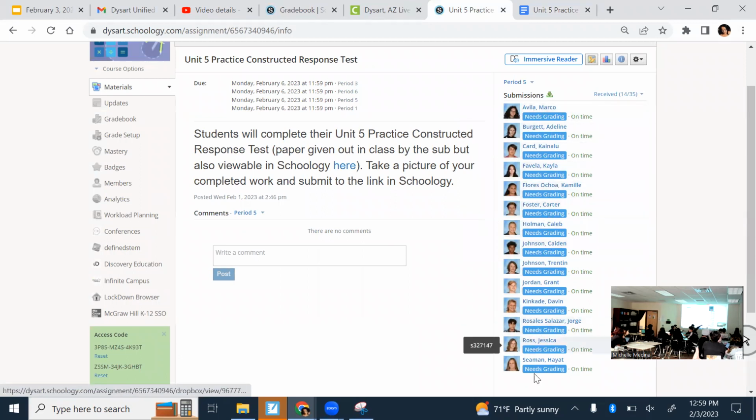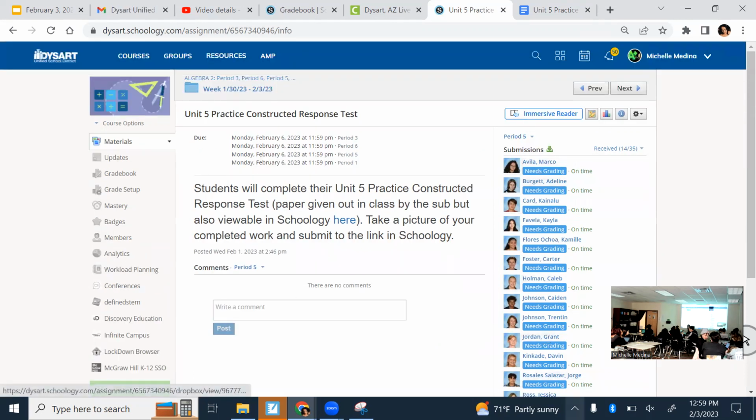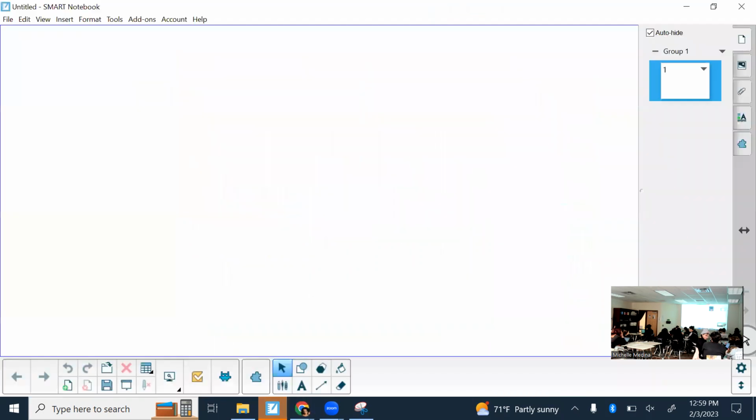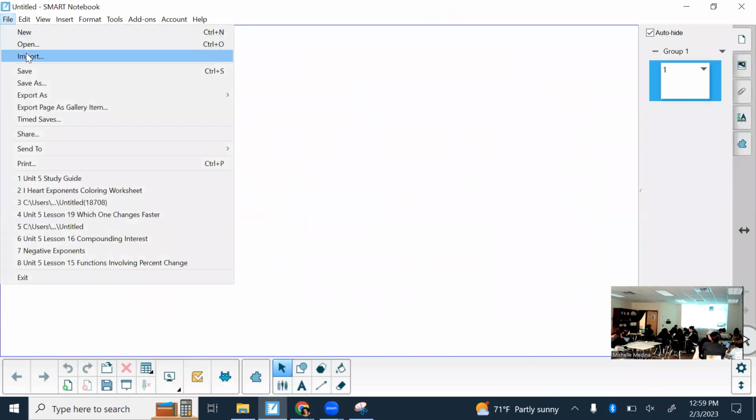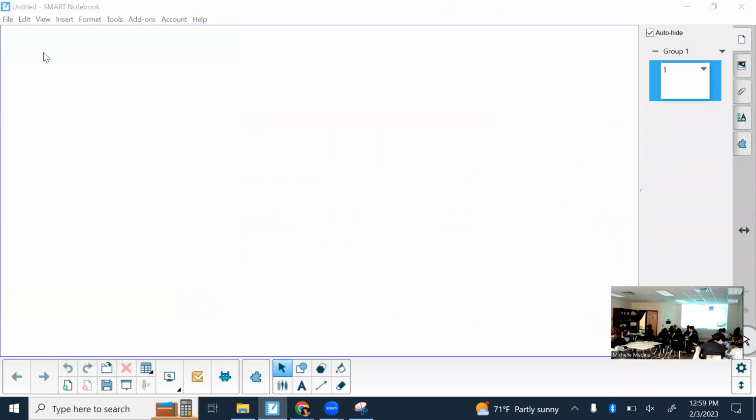I'm only accepting them physically from people who were locked out of their computer. I have a few of yours. If you want yours back, you can come get it. Make sure you turn it in to get those 20 classwork points. Anyway, number 2 was the request, so we're going to go over that one from the constructed response.